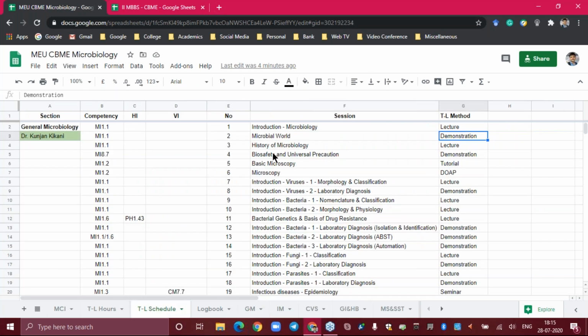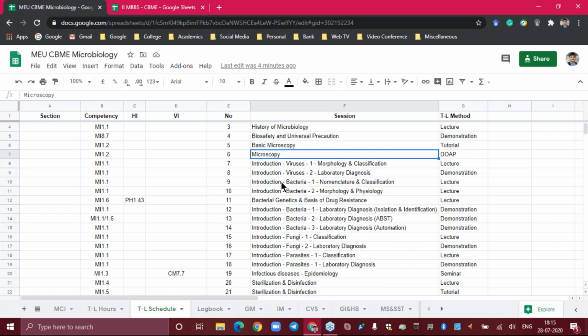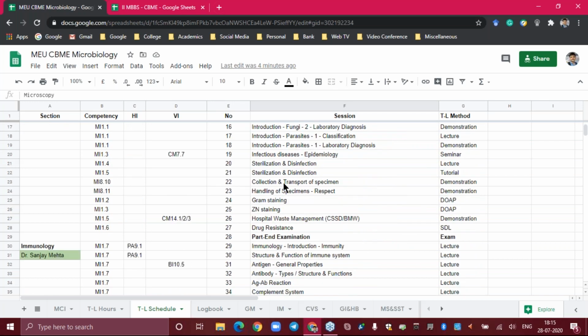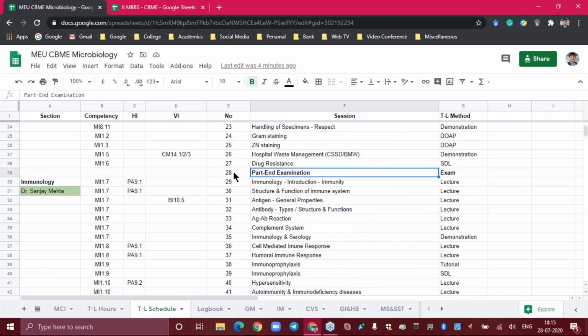So you can see, according to that, you go on defining that one by one. Over here we can see the general microbiology is almost complete. Then you can also organize a part ending examination for that, right?